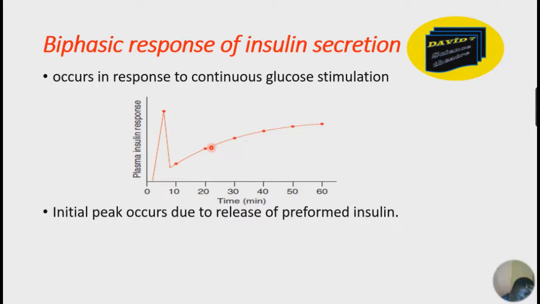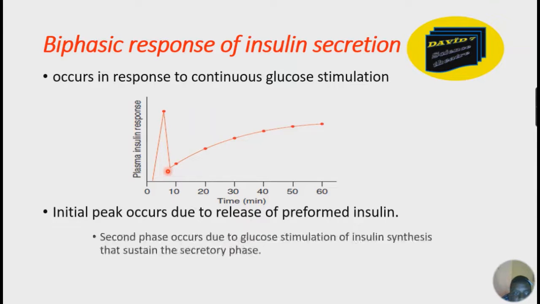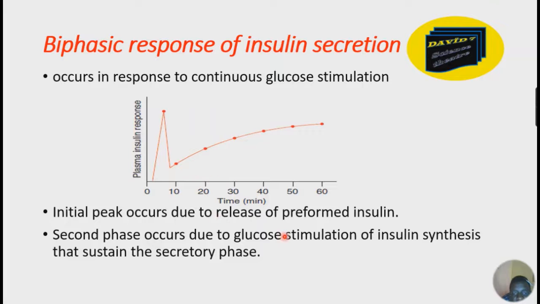The first peak is due to release of preformed insulin from the vesicles. When it gets depleted, we see it decreasing. The second phase is due to glucose stimulation of insulin synthesis that sustains the secretory phase. So now the glucose is stimulating formation of insulin to sustain the secretion of insulin. That is the biphasic curve.